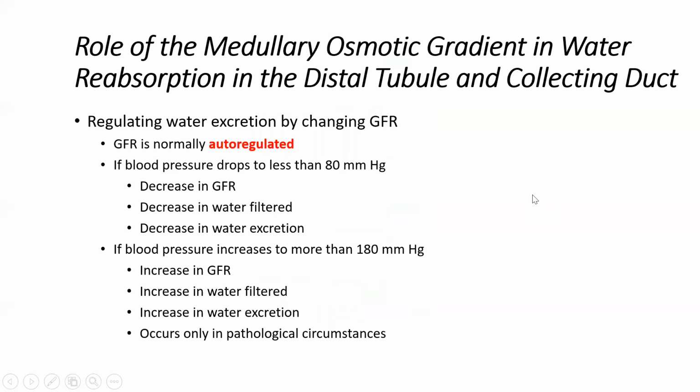Okay. Lastly here, let's speak about the regulation of water reabsorption by changing GFR. So we talked about the auto-regulation of GFR. And just to jog your memory, we looked at that graph where we saw GFR stays at 125 for a mean arterial pressure between 80 and 180.